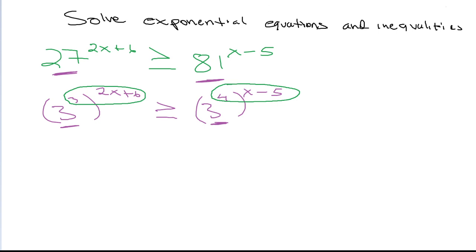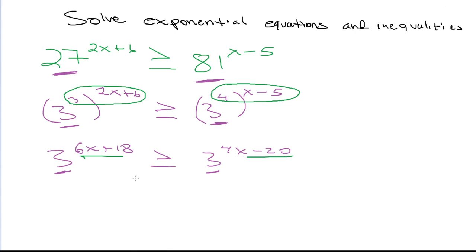And so when you do that, you get 3 to the 6x plus 18 is more than or equal to 3 to the 4x minus 20. All right, so once we have those two bases the same, we can focus on the exponents.